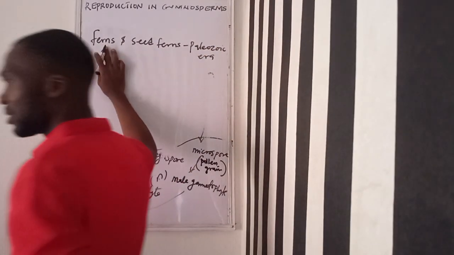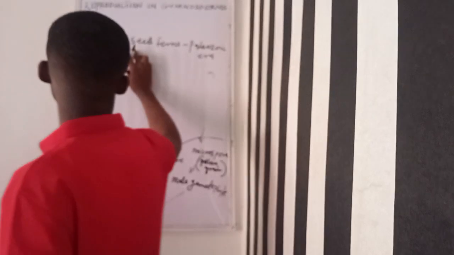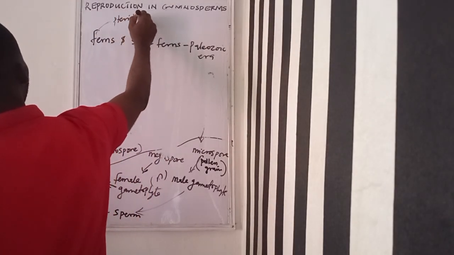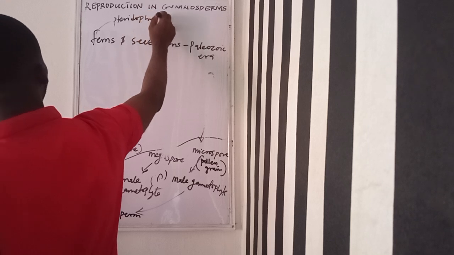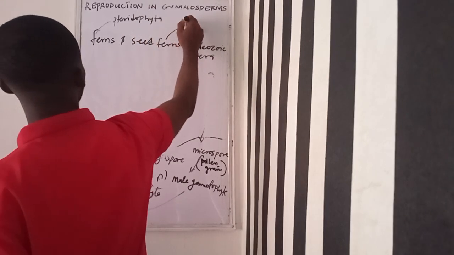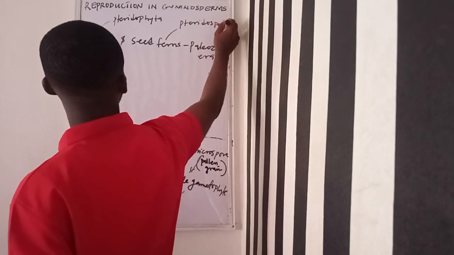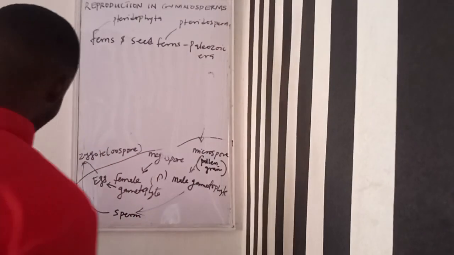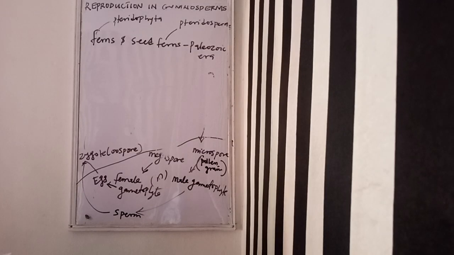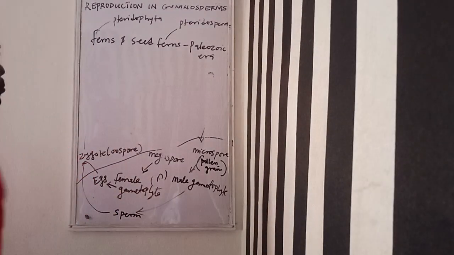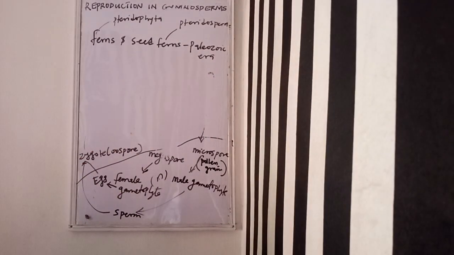So fern is pteridophyta. Seed fern is pteridosperm. So these two thrived within the Paleozoic era.